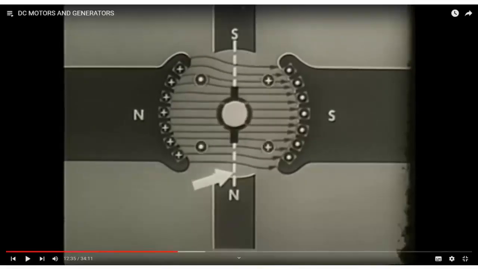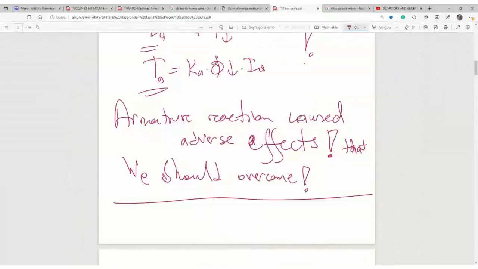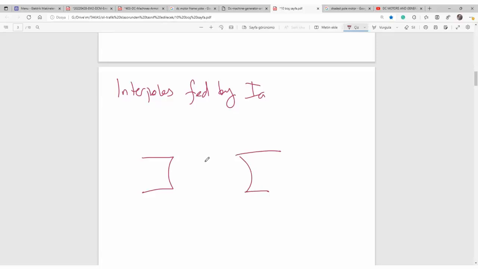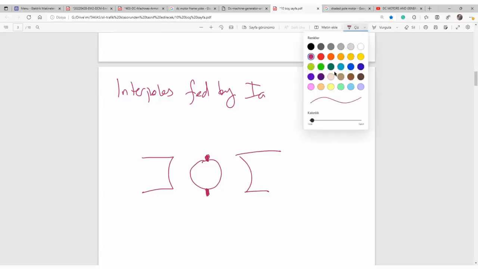Let me show you here. Interpoles fed by armature current. Okay, here are the main poles. Here is the armature current. Here are the brushes touching the commutator, and then, ladies and gentlemen, take care.